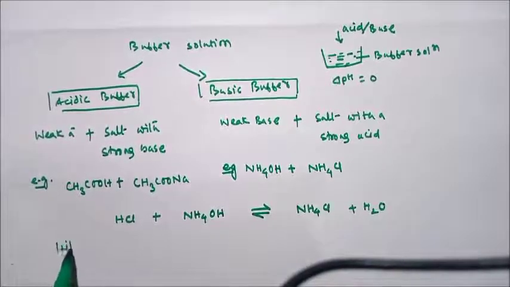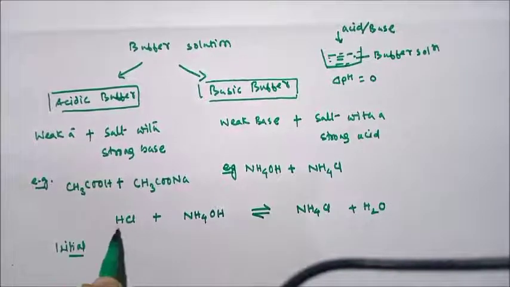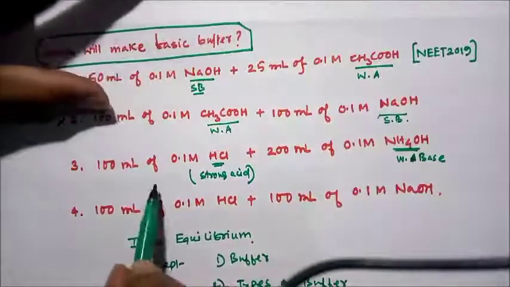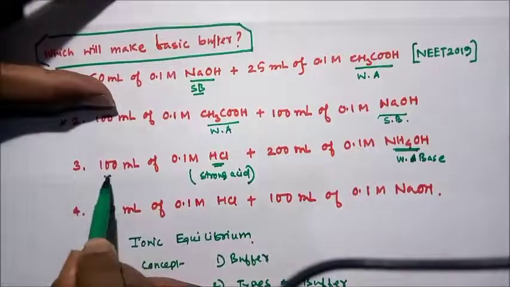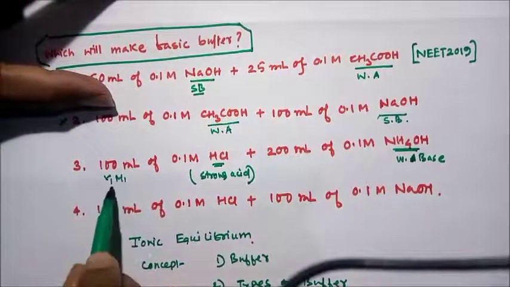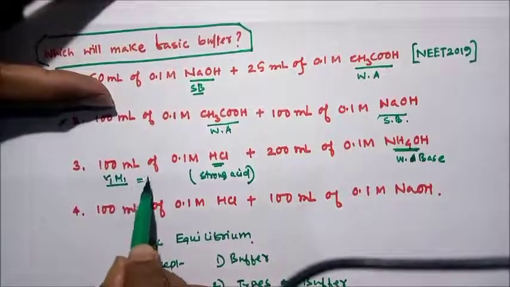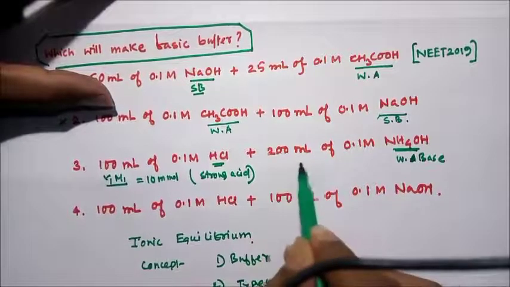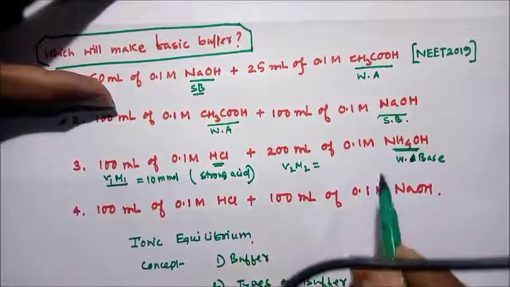Initially in the mixture it is given that the amount of HCl, you see what will be the amount of HCl? It will be V1M1, so it will be 10 millimole. What is the amount V2M2? It is the amount of ammonium hydroxide.